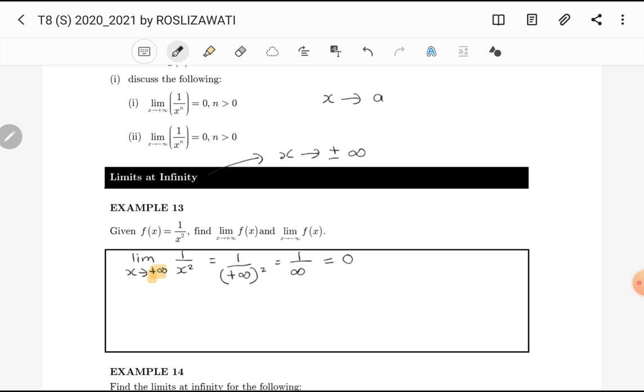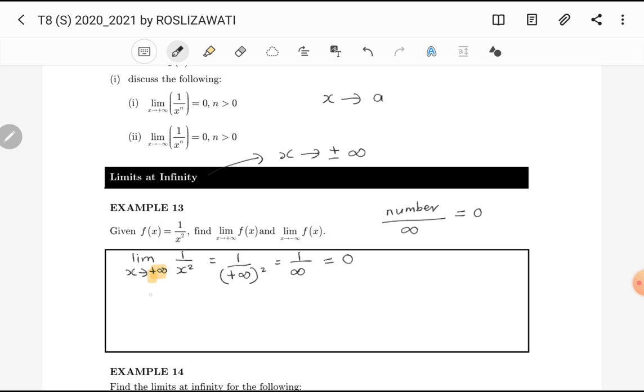Cuba awak imagine, kita ada satu je gula-gula, kita nak bahagi dengan berjuta-juta orang. Jadi, dia akan hampir tak dapat apa-apa lah maksudnya setiap orang tu. So sini sama dengan kosong. So number over infinity, the answer is 0.